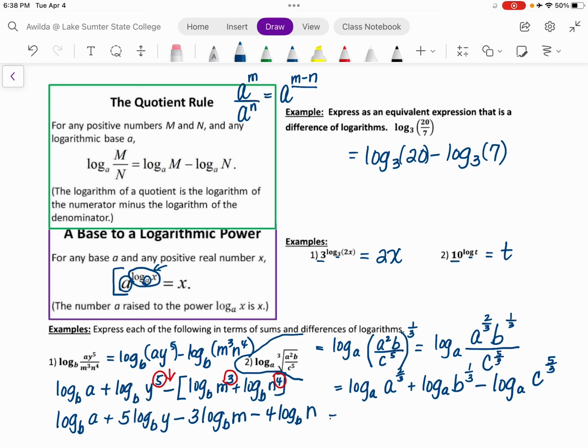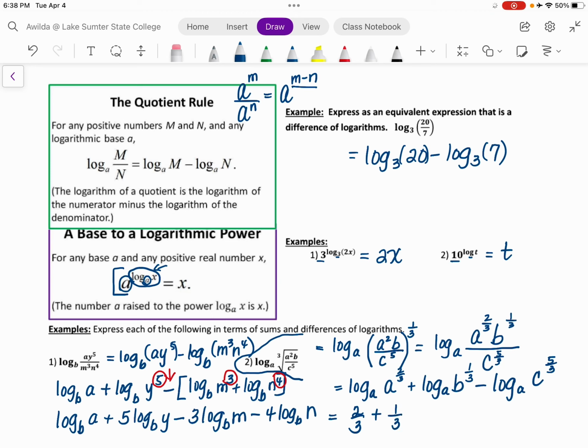Next, let's simplify one more time. In the first term, we have logarithm base a of a to the 2/3 power. Well, notice here that the logarithm and the base of the argument are the same, and so this will become just 2/3. Next, I can bring the 1/3, that is the exponent of b, out as a coefficient.